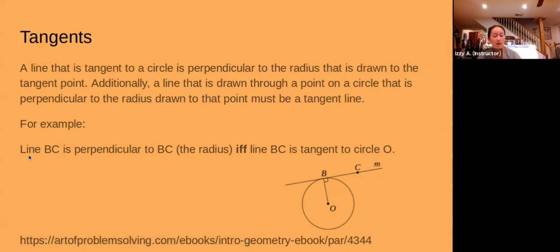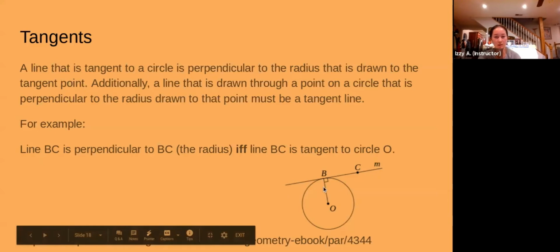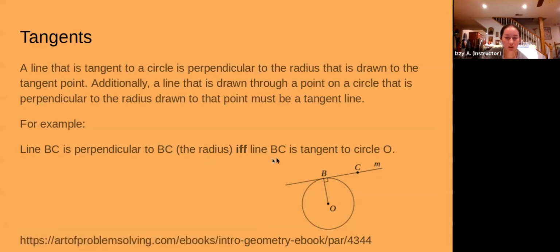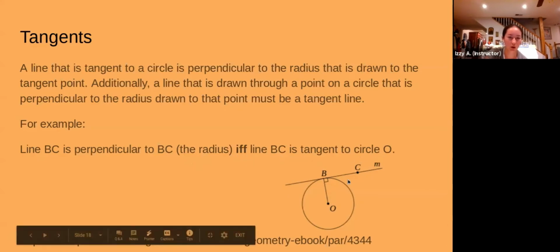So for example, line BC is perpendicular to BO, the radius, if and only if line BC is tangent to circle O.